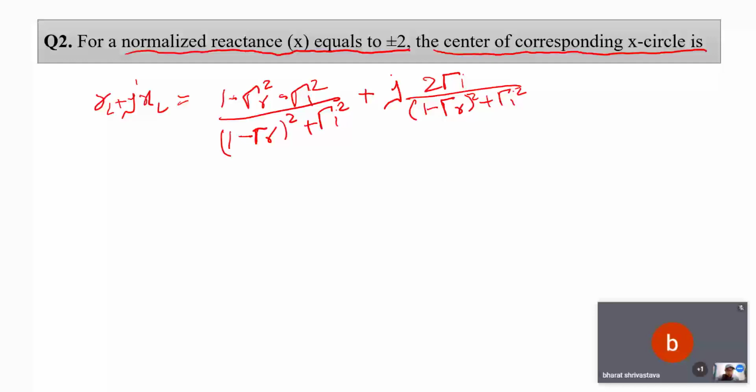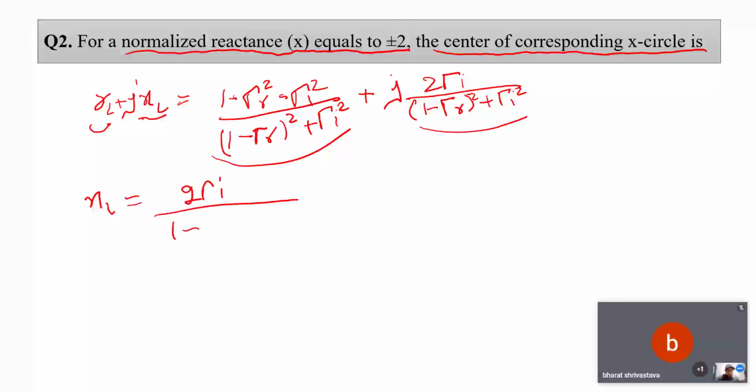For finding the resistance circle equation we already used the real term, whereas for finding the equation of the reactance circle, we will use this imaginary term.